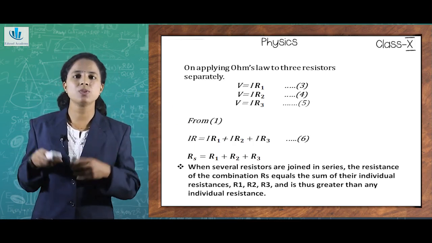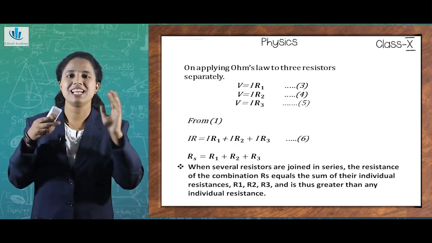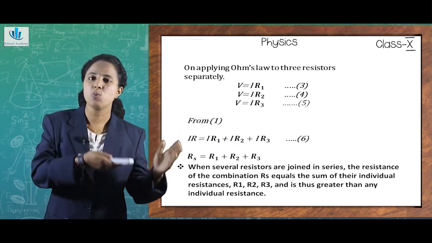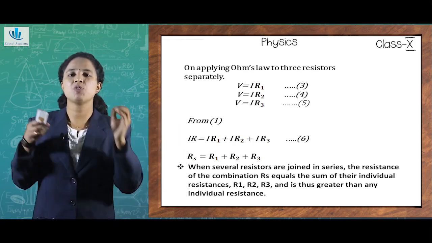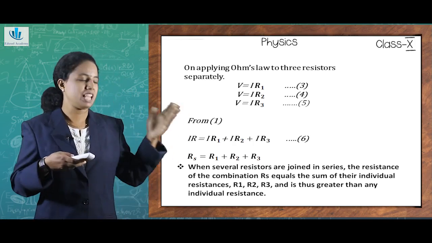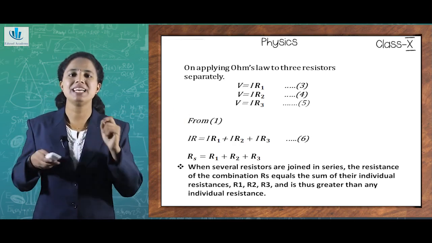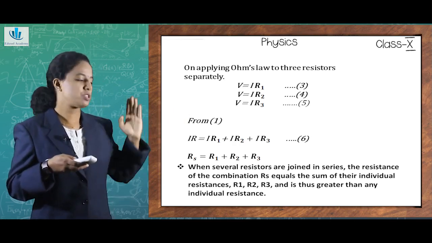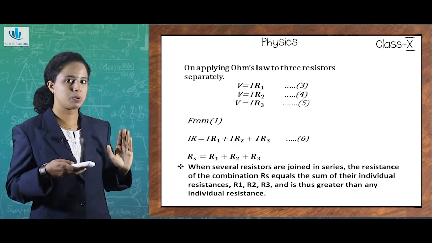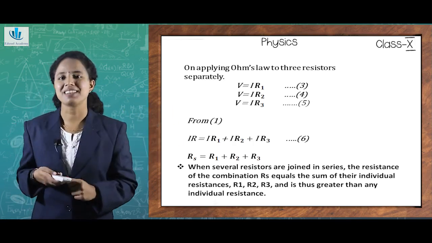From the first equation, we already know that the net potential difference is defined as V equals V1 plus V2 plus V3. If we substitute the values of V1, V2 and V3 into the first equation, we obtain IR equals IR1 plus IR2 plus IR3.